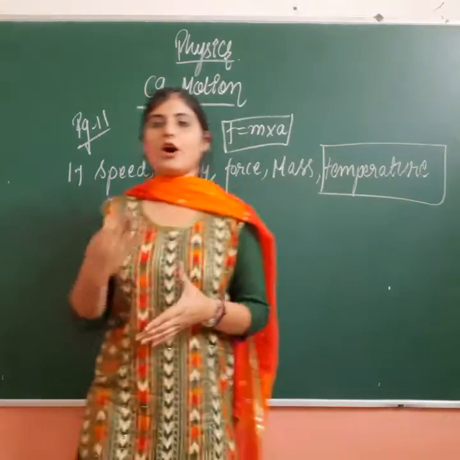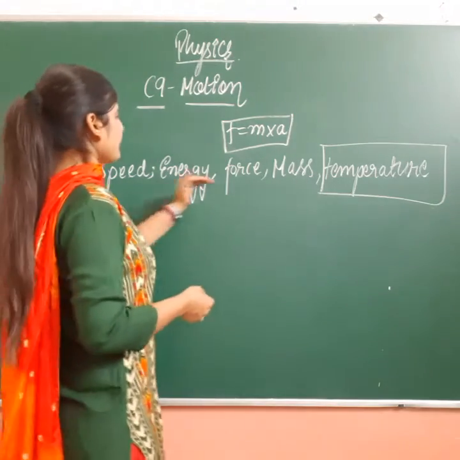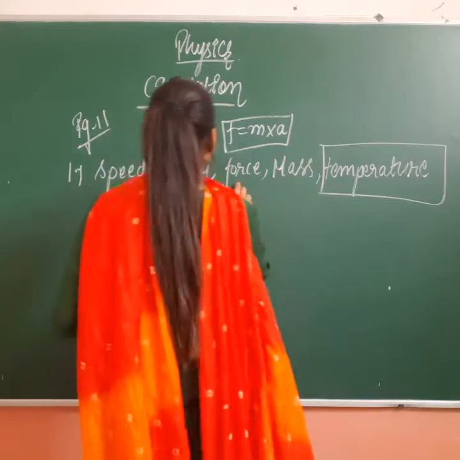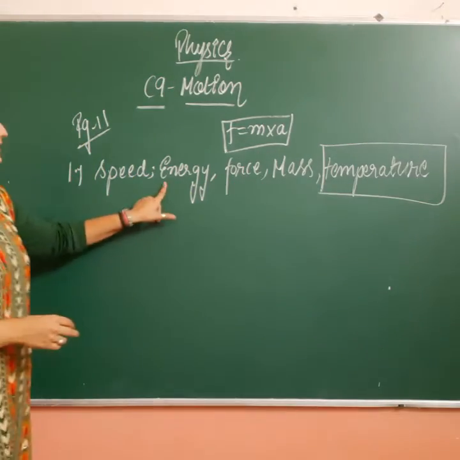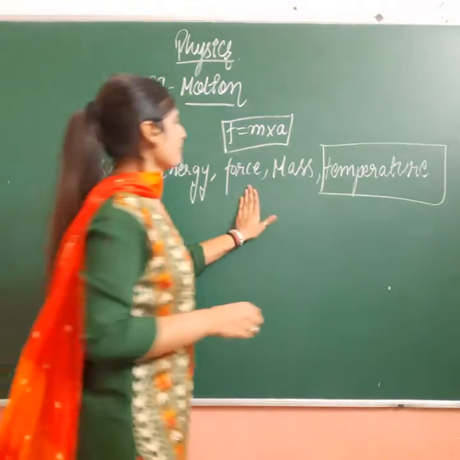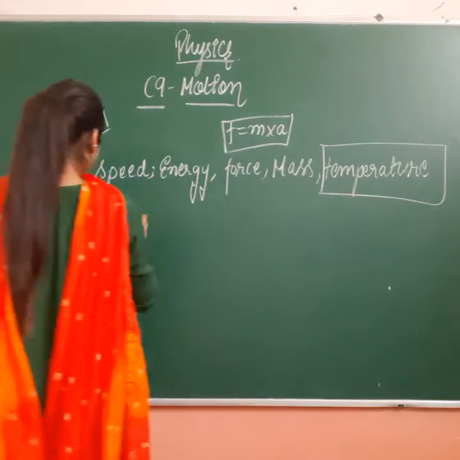Temperature means hotness or coldness. So if you look at scalar and vector, this is a scalar, this is a scalar, this is a vector quantity. Work done is also a scalar quantity and speed is also a scalar quantity.